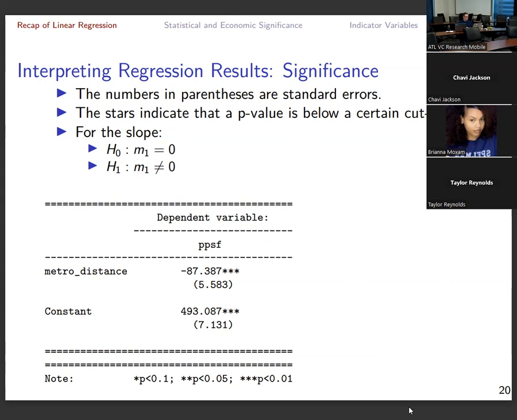Okay, let me put it this way. How confident would you be in rejecting the null if the p-value, or the probability of rejecting it when it's actually true, was 20%?